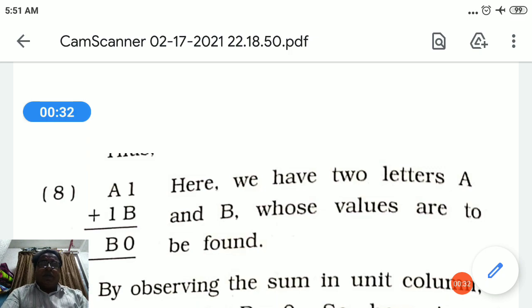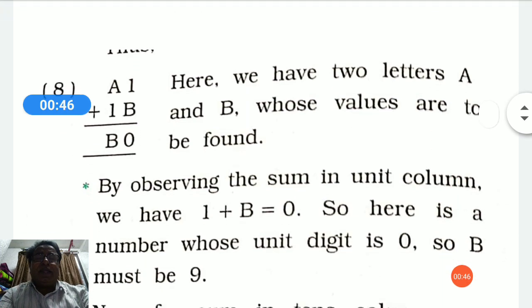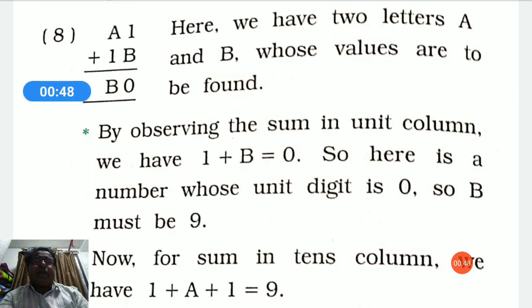Here we have two letters A and B whose values are to be found. A और B ये दो अननोन नंबर है, उसका वैल्यू हमें फाइंड आउट करना है। बाय ऑब्जर्विंग द सम इन यूनिट कॉलम में आप देखो 1 और B, आंसर 0 है। We have 1 plus B is equal to 0.